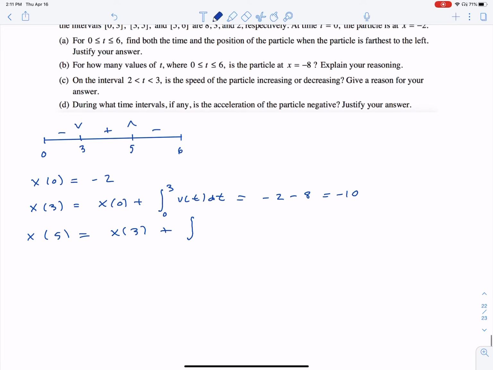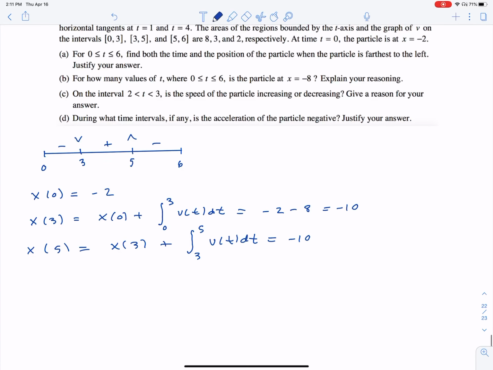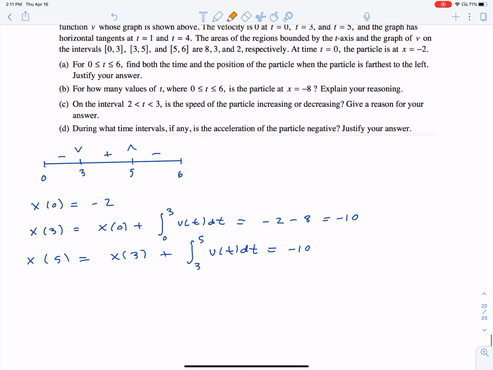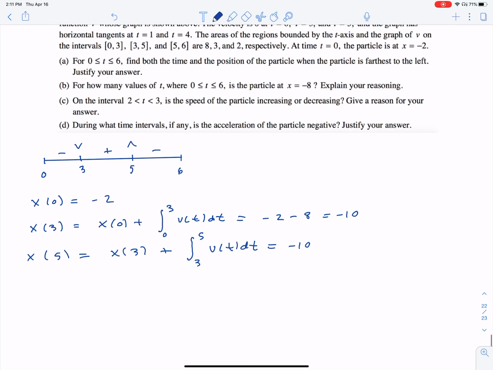So x of 3 we already found was negative 10. Now, from 3 to 5, we're adding this piece right here, but it's positive. So I'm adding positive 3, and that gives me negative 7.